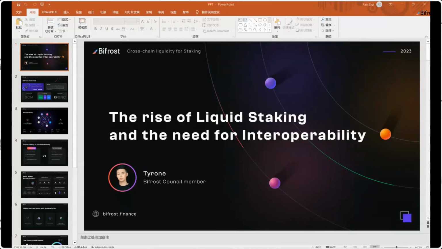And why is XCM important for Bifrost? Definitely, that's our vision for multi-chain. So how we can bring different V tokens in Bifrost, or bring different V tokens in the Polkadot ecosystem to other ecosystems, is quite important by using XCM.